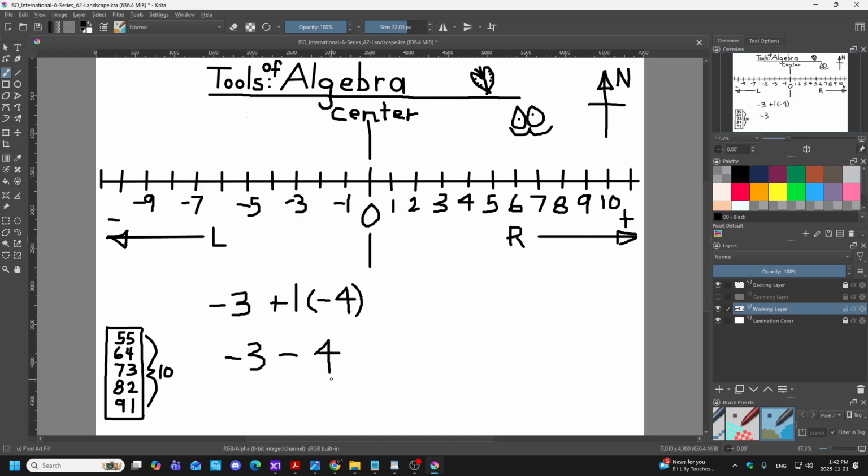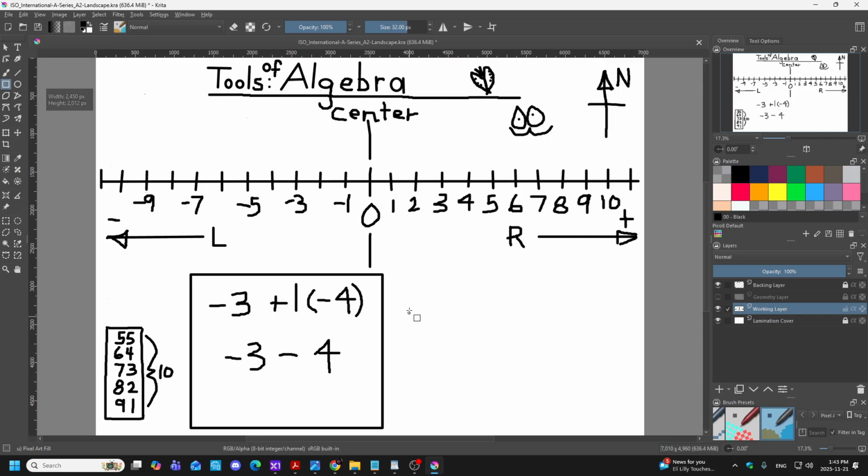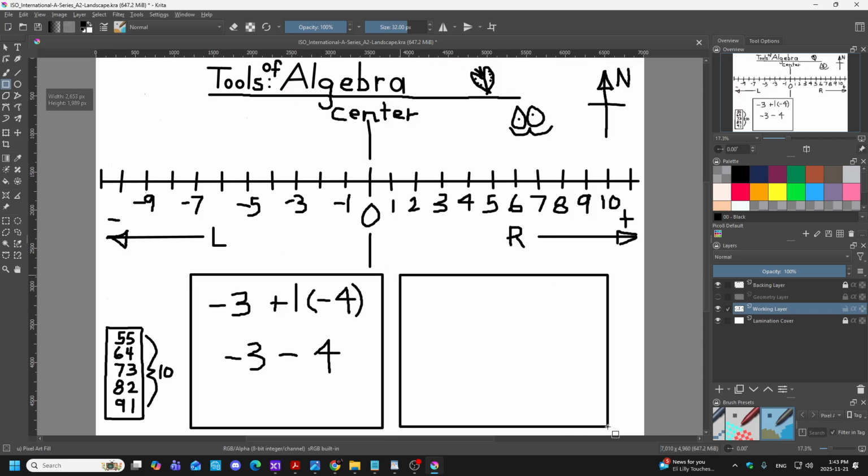Okay? Let me show you something else here. Okay, I'm just going to go like this. Let me show you something else. Okay, quickly. This is the full scope understanding of working with integers in the integer grid. I'm going to write 3 plus 4.